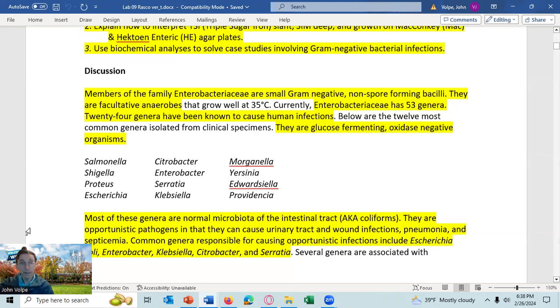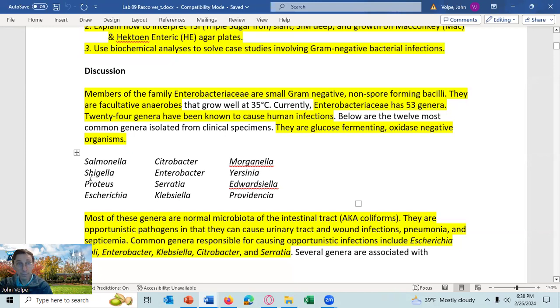And here we've seen showing some of the genera that are actually normal microbiota of the intestinal tract of many animals, aka coliforms, like Escherichia, you know, is in your intestines. Enterobacter is in your intestines.